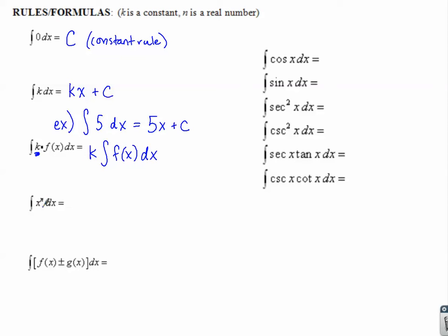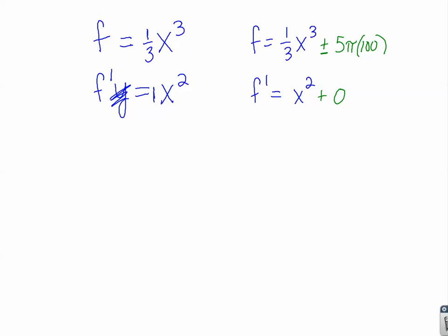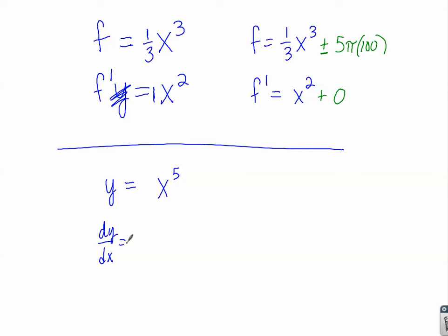Now to our power rule. Think about how we do a derivative. If I say the function is x to the 5th, and I do the derivative, dy dx. Think of the process. I multiply by 5, and I subtract 1 from the exponent. So what was our process?